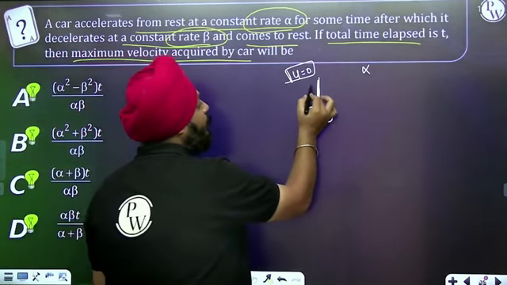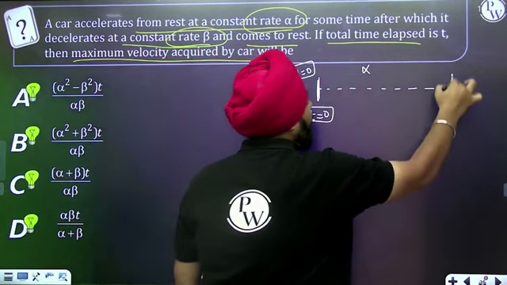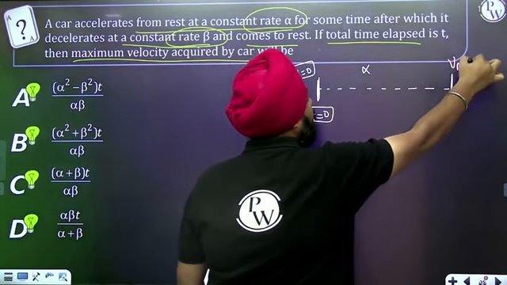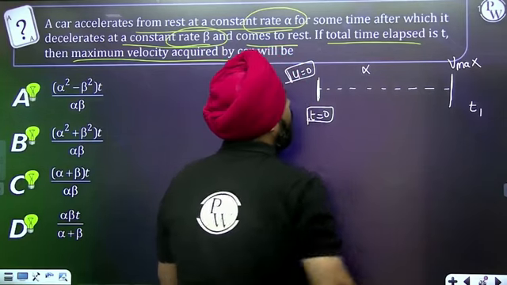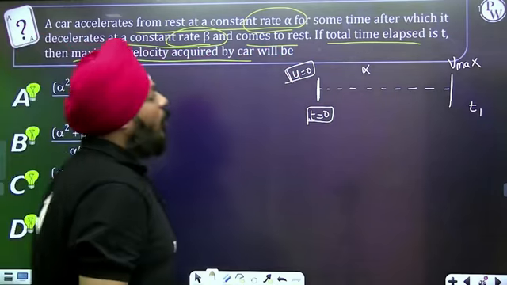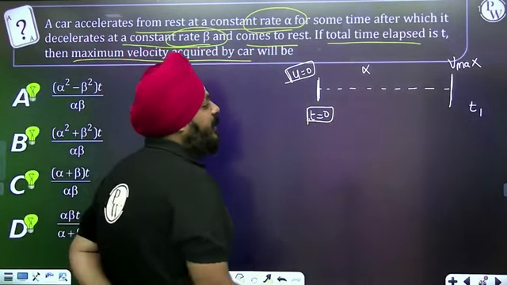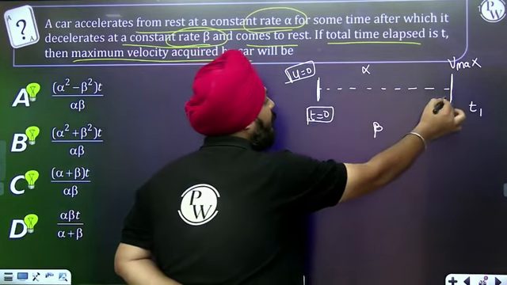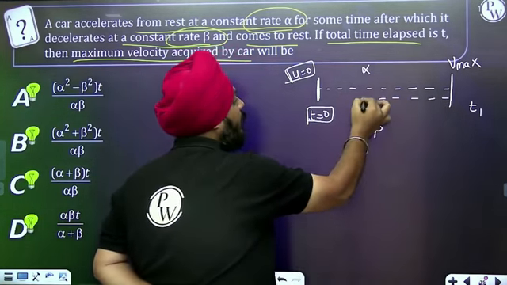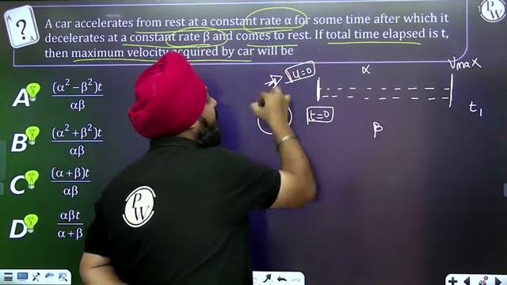It means velocity from 0 is slowly getting increased to the maximum for time t1. Now slowly it is getting decelerated by beta, and after time t2 again the velocity becomes 0.